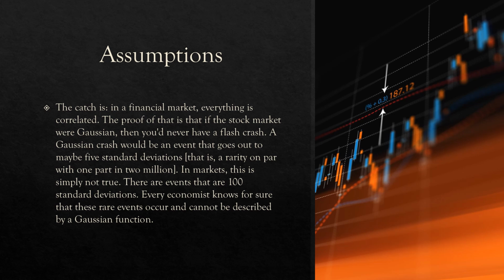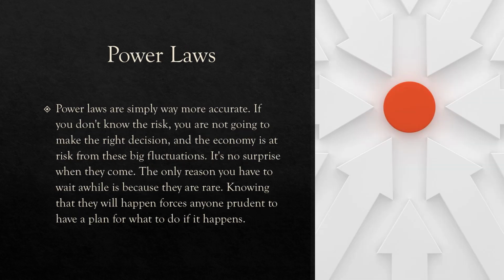A Gaussian crash would be an event that goes out maybe 5 standard deviations, and this is a rarity on par with 1 in 2 million. In markets, this is simply not true. There are events that are 100 standard deviations. Every economist knows for sure that these rare events occur and cannot be described by a Gaussian function.